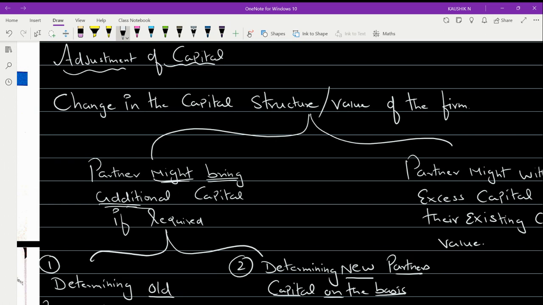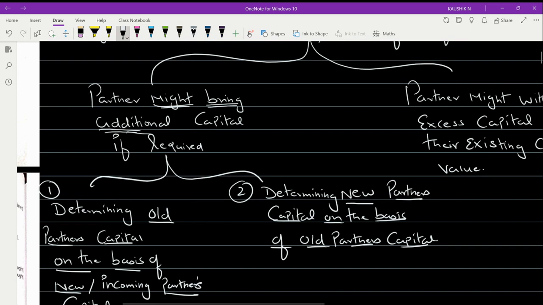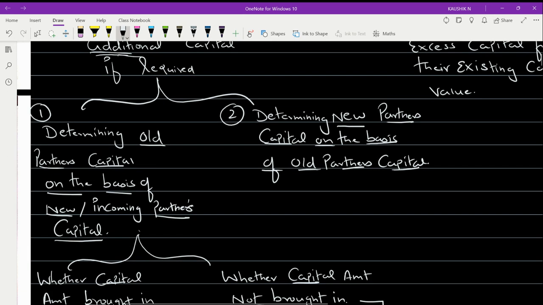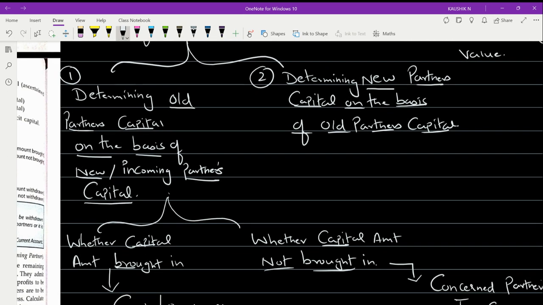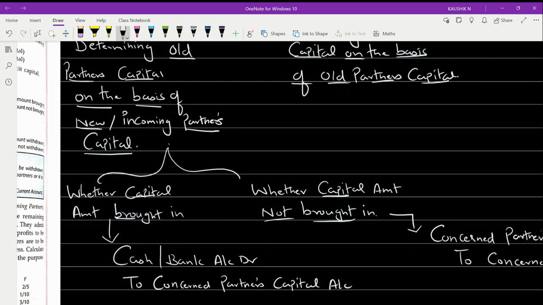If they have to bring additional capital, then again we have two different categories: whether it is to be calculated on the base of the old partners' capital or on the base of the new partners' capital. Again we can derive whether the amount of capital is brought in or has not been brought in.